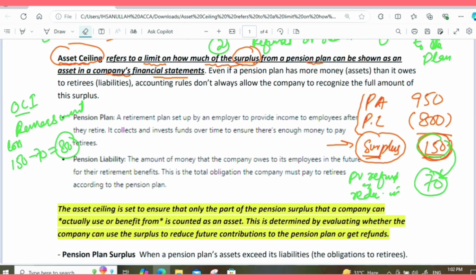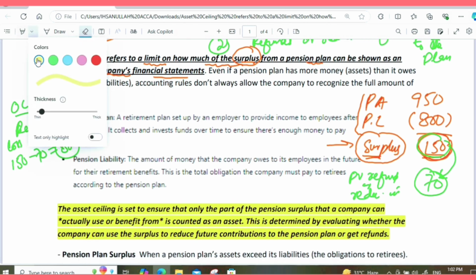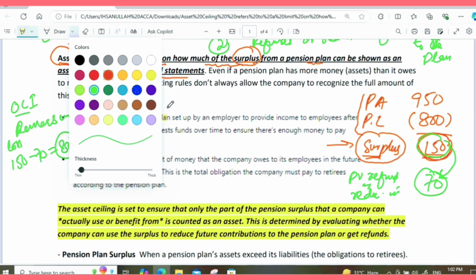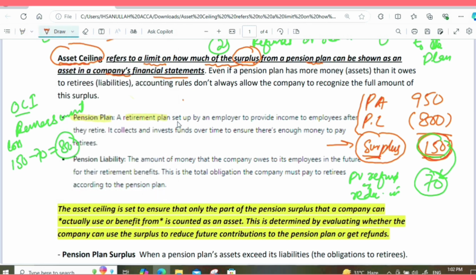Now let's discuss the theoretical part that we have already done. What does it mean by the pension plan? It is a retirement plan set by the employer to provide income to employees after they retire.